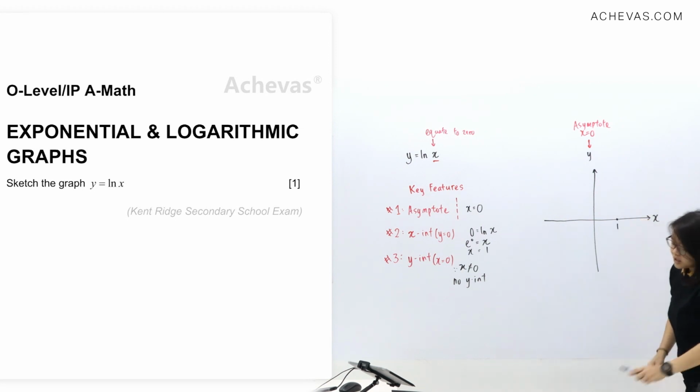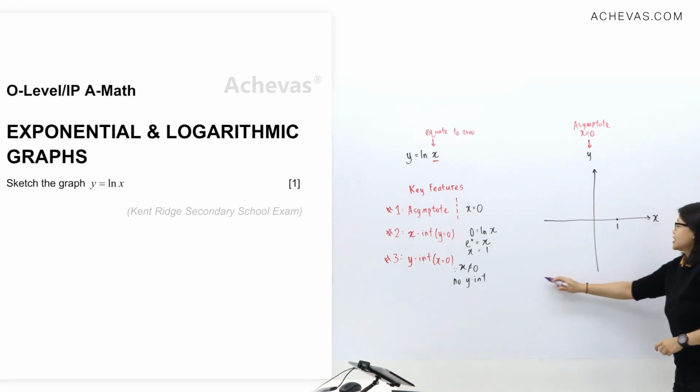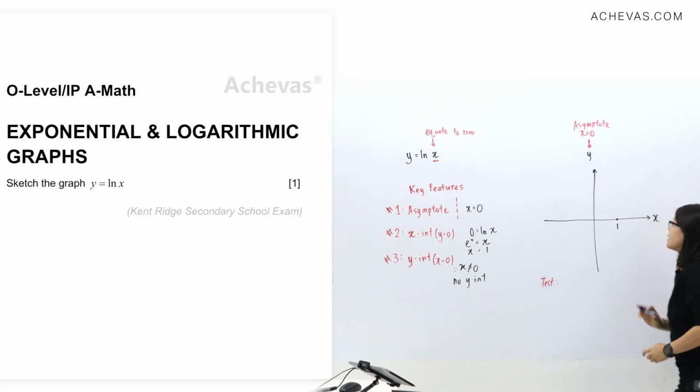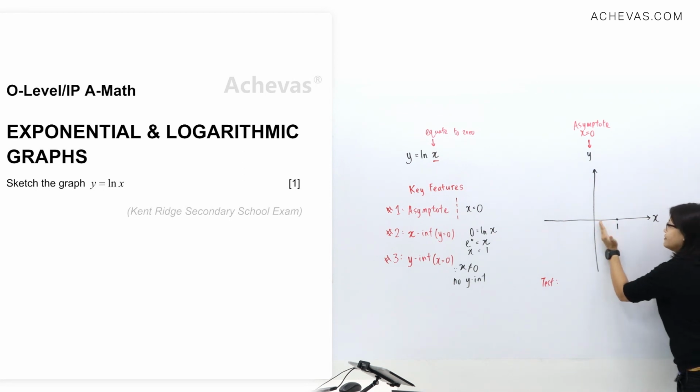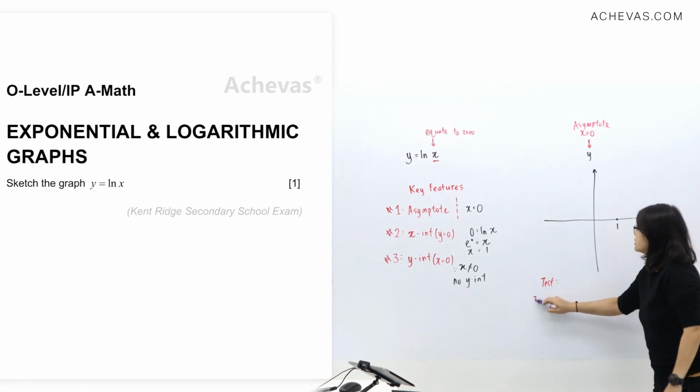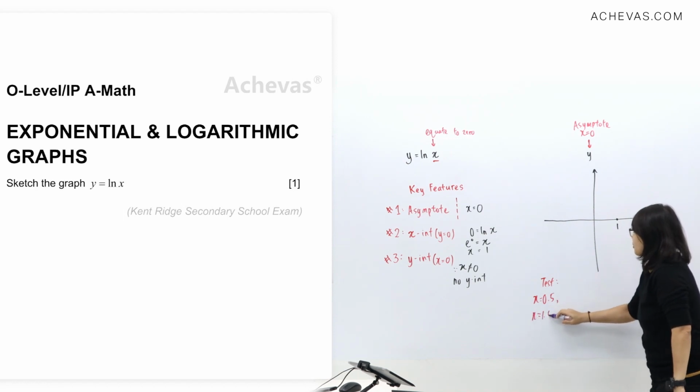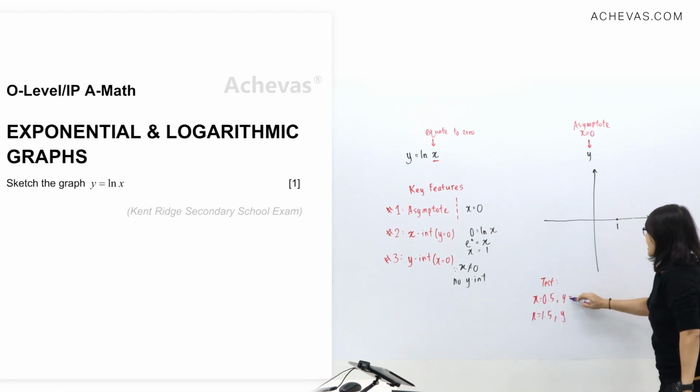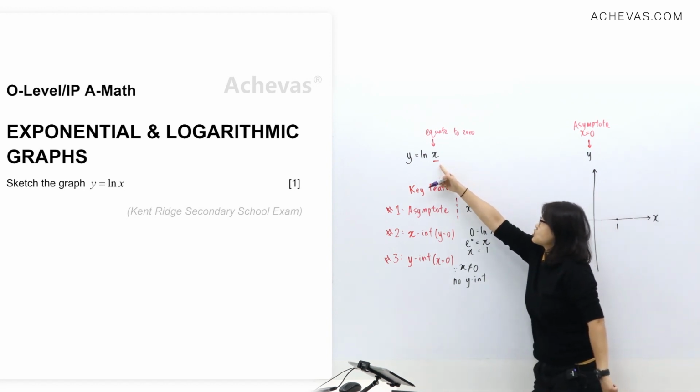Now what happened is that if you do not know how to sketch this, just test a value on the left and on the right of this number 1. So I'm going to choose 0.5 and 1.5. Let's see what happened. For the y value, I insert to this x position, I take ln.